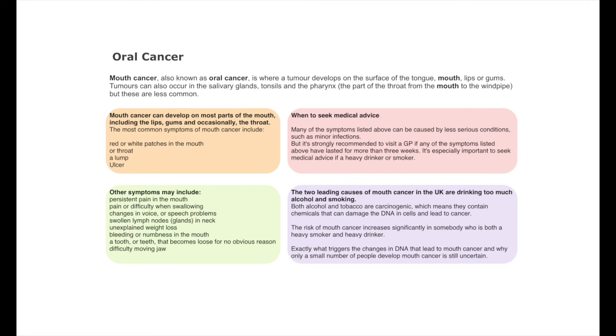Other symptoms may be persistent pain in the mouth, pain or difficulty when swallowing, changes in the voice or speech problems, swollen lymph nodes in the neck, unexplained weight loss, bleeding or numbness in the mouth, a tooth or several teeth that become loose for no obvious reason, and difficulty moving the jaw.